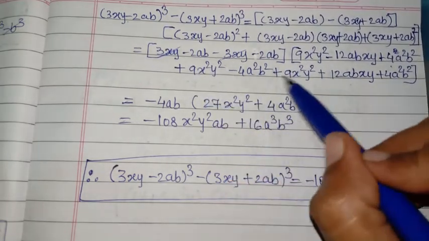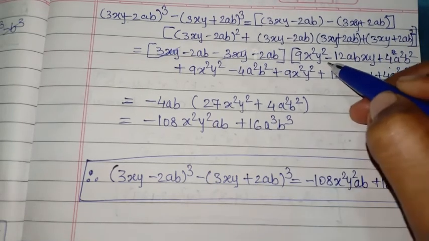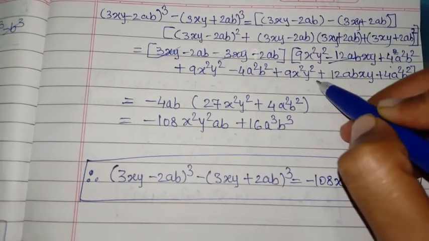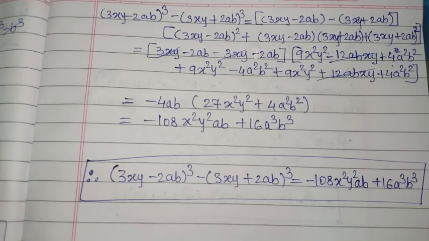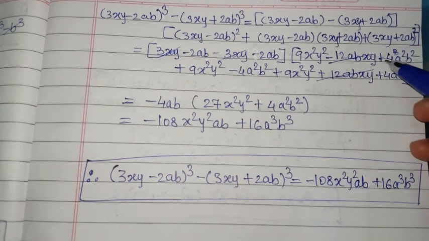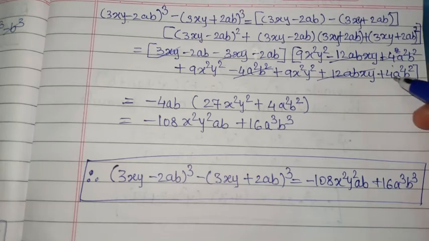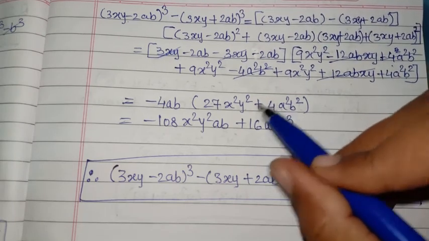So 9 plus 9 plus 9, 27x square y square. This minus 12abxy will get cancelled with plus 12abxy. Then this plus 4a square b square will get cancelled with minus 4a square b square. Now here only 4a square b square will be there.